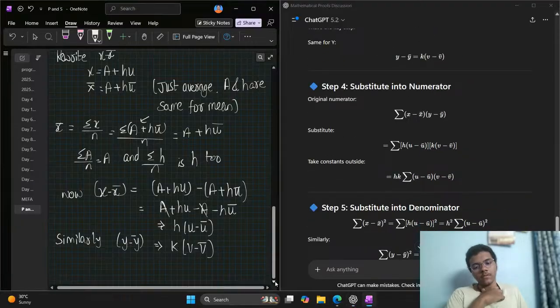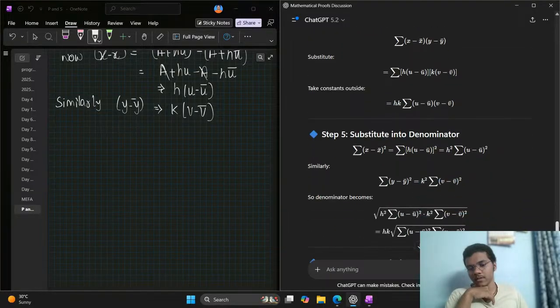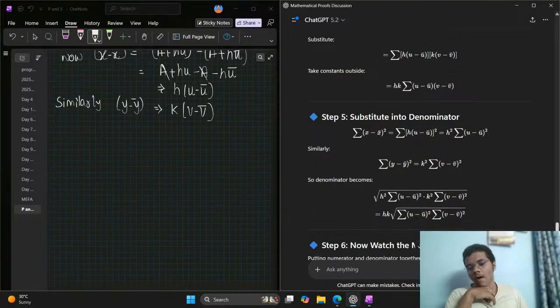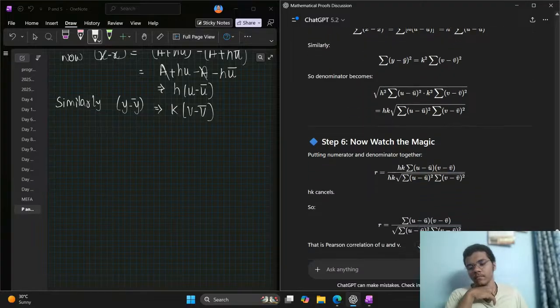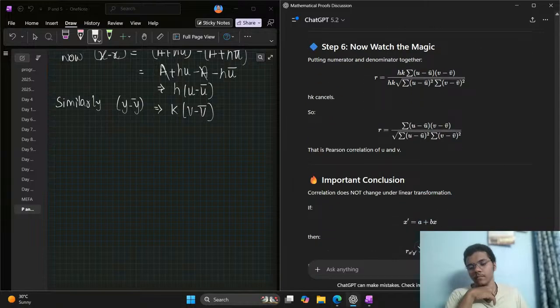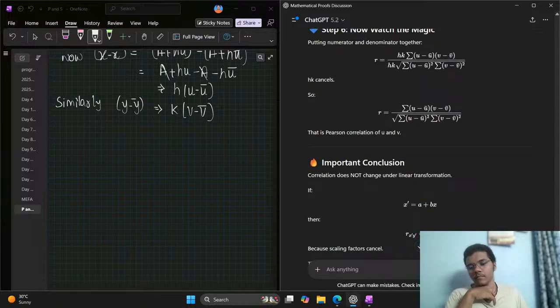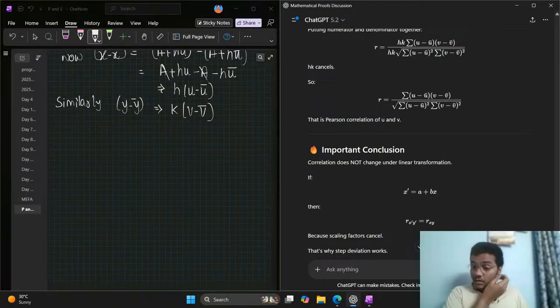Substitute into the numerator. Take constants outside, substitute into the denominator. Correlation does not change under linear transformation.